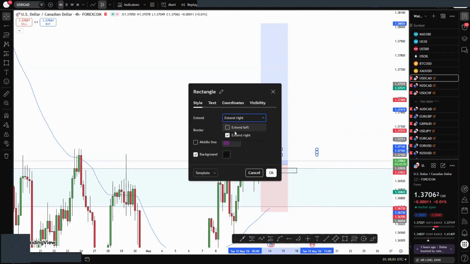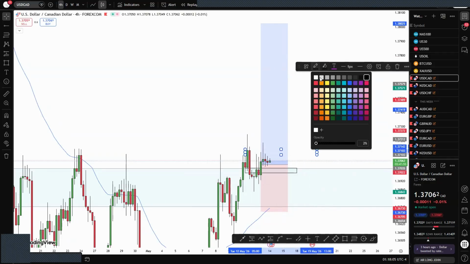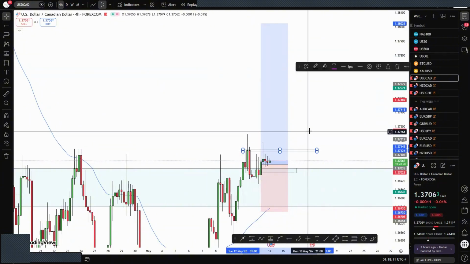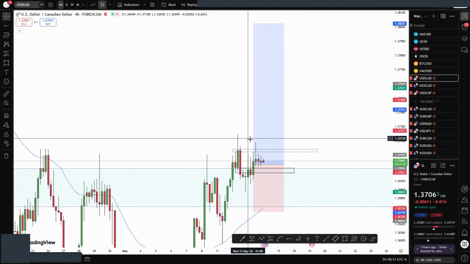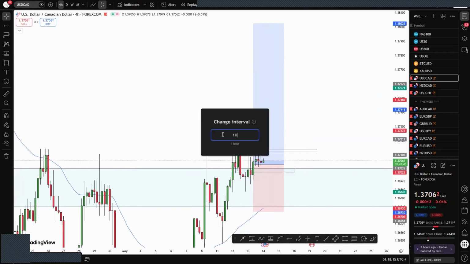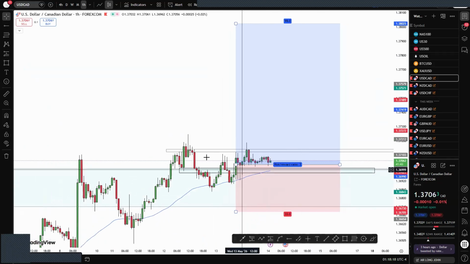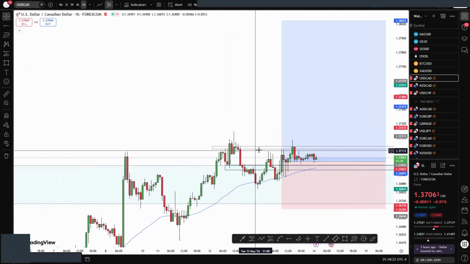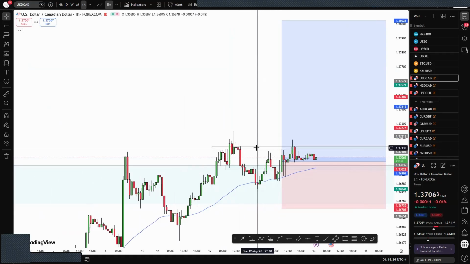So wait, I'll explain in just a minute. If price breaks above this level, like it almost did last session, let's see if the 1 hour did it. Yeah, even on the 1 hour, price kind of broke.